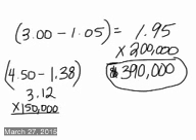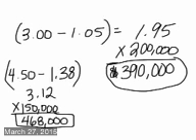So what's my answer? 468,000. Okay? That's number one. Both of those answers that I circled or put in a box are your answers for number one.